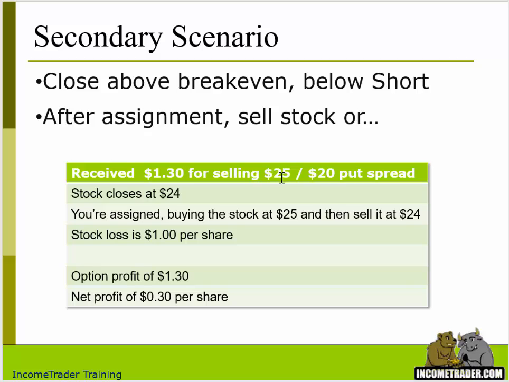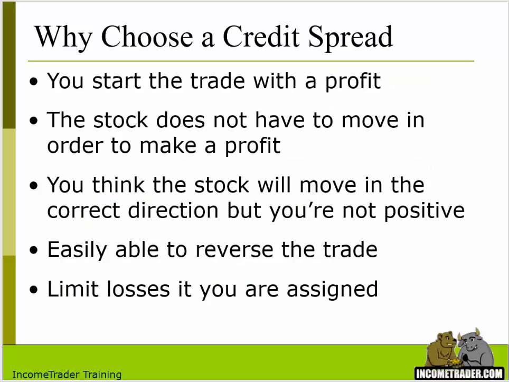So if you have a 20-25 put spread, in this case you have $5 at risk, but you're already receiving $1.30. Stock closes at $24, you're assigned the stock, you have to sell the stock at 24, or frankly, on expiration day, you just go back in and buy to close your 25 put for $1. But you're still closing out that profit of a net of 30 cents because you originally sold it for $1.30.